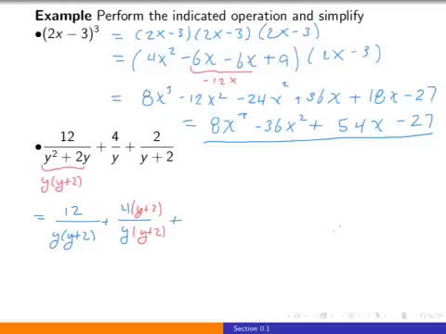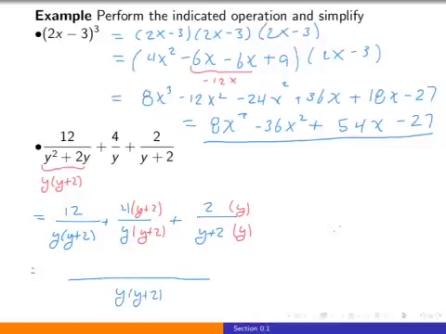And take the third term and multiply it by y over y. So for these 3 terms, we have the common denominator y times y plus 2. In the first term, the numerator is 12. In the second term for the numerator, we can distribute the 4 through, so that would become 4y plus 8.